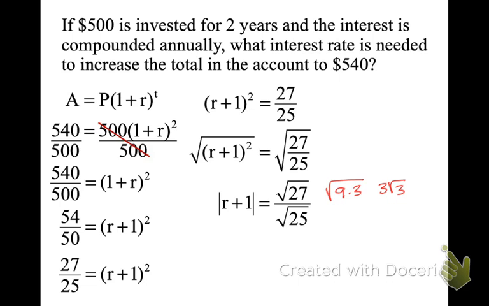I just go right away to the square root of 27, which is basically 5.1961524, and then we're dividing that by 5. So I would just take that answer.